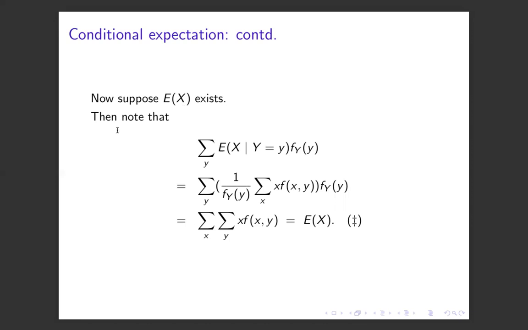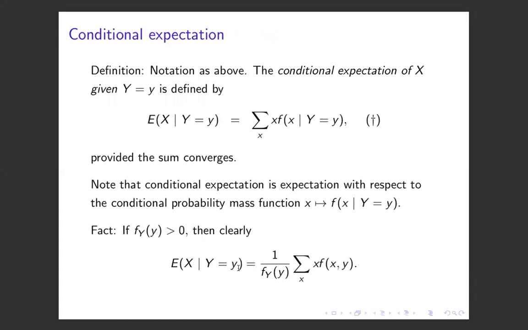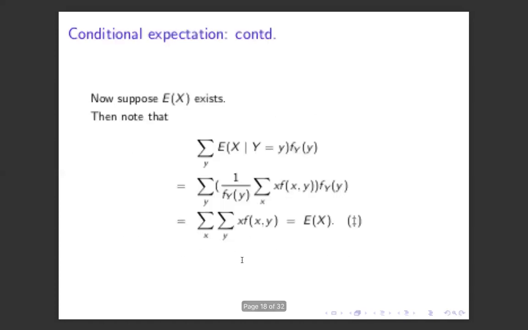Then note that if you take this quantity and multiply it with the probability that Y takes the value little y, that is f sub Y at y, for each y, and then sum over y, meaning all those y's for which this is strictly positive, because for those which are 0 there is no contribution, then by what we have written here, we can write it this way. But this cancels with this.